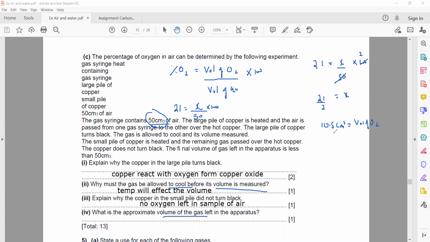So if 10.5 cm cubed of oxygen was there and that oxygen is completely reacted, how much volume of gas is left? It will be 50 minus 10.5, which equals 39.5 cm cubed. Is it clear? This part, the volume of the air or the gas which is left.